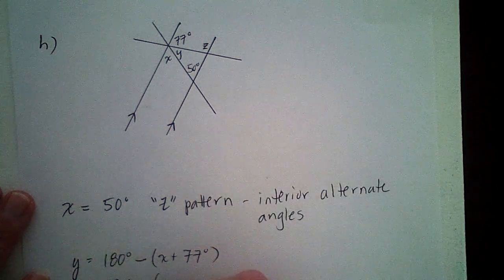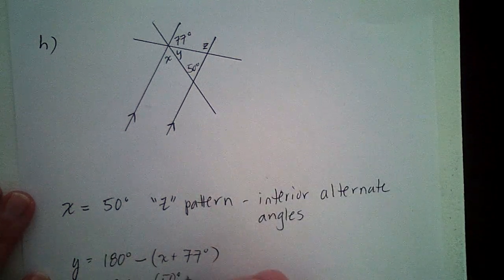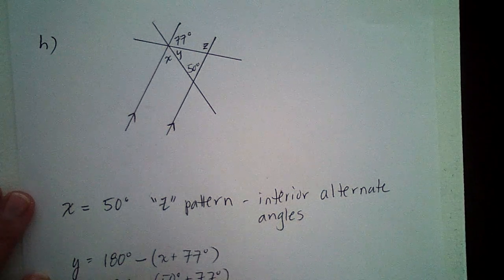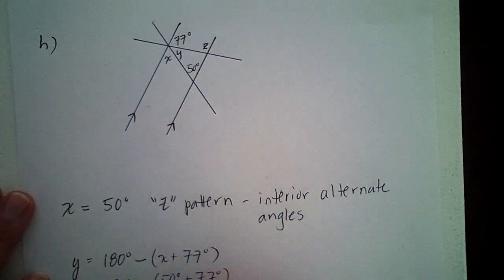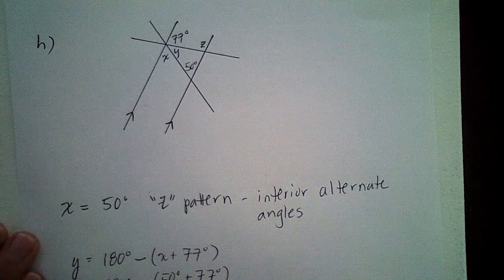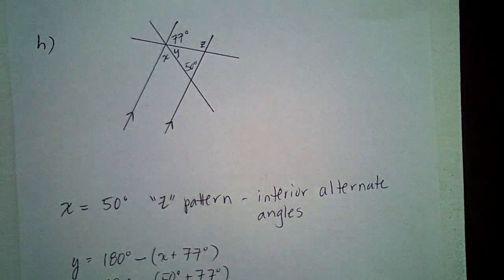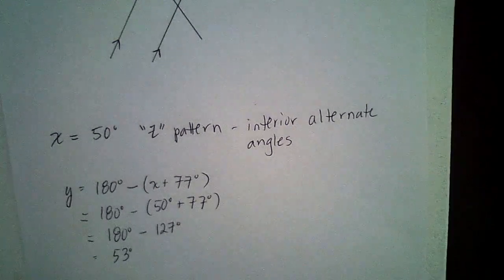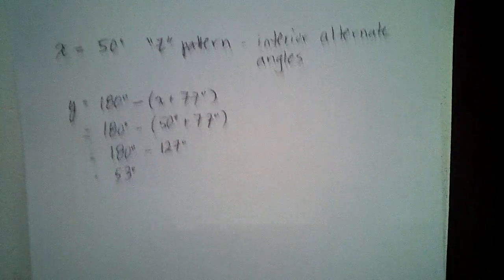X is equal to 50 degrees plus 77 degrees. So then I get 180 degrees minus 127 degrees, which gives me 53 degrees, I hope. All right. Sorry. As always, I fell off the page.